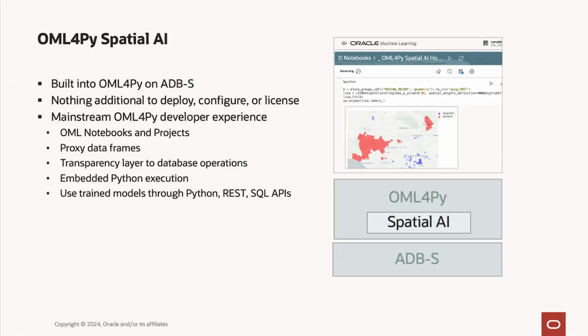Instead, you have what are referred to as proxy data frames, where you work with data in a data frame the way that a Python developer works, but that data frame is really just a proxy, a reference to a table behind the scenes in the database. And that ends up being a great thing because you reduce a ton of data movement between the database and the Python engine.